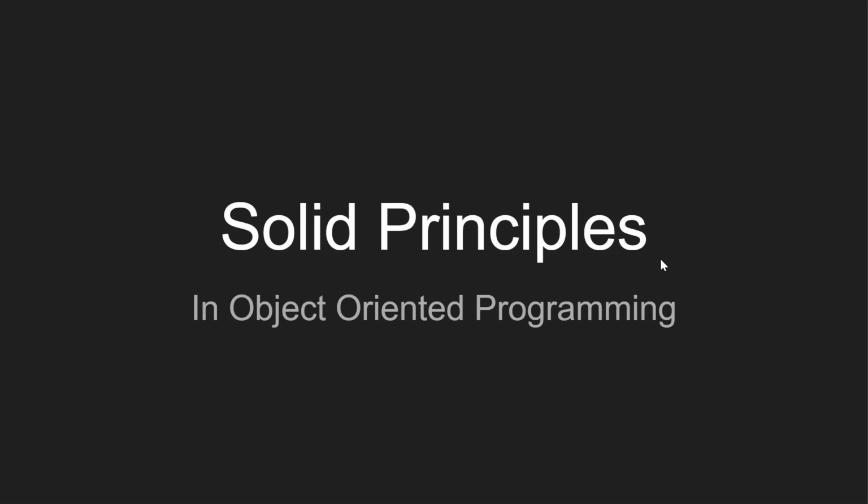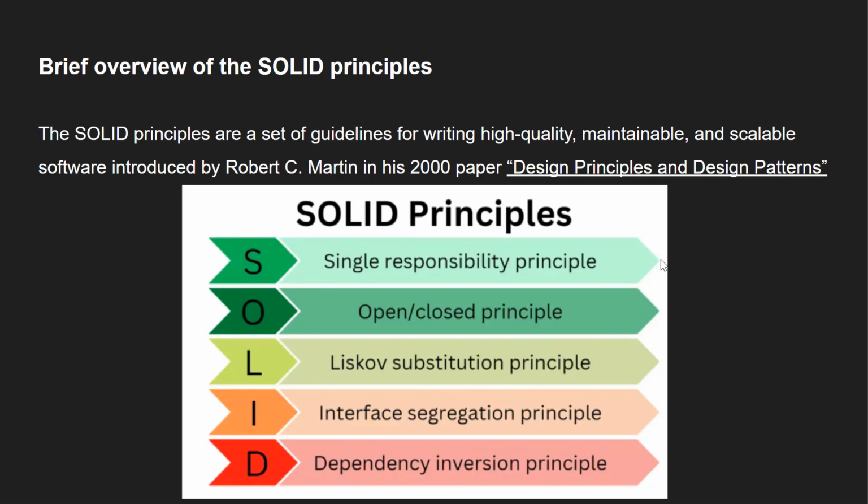C++BetterExplained.com, and today we're going to be talking about the SOLID principles in object-oriented programming. With a brief overview, the SOLID principles were a set of guidelines for writing high-quality, maintainable and scalable software, which was introduced by a person named Robert C. Martin in his 2000 paper called Design Principles and Design Patterns.